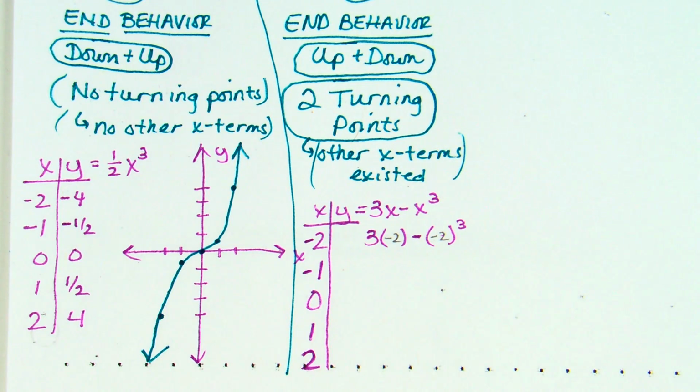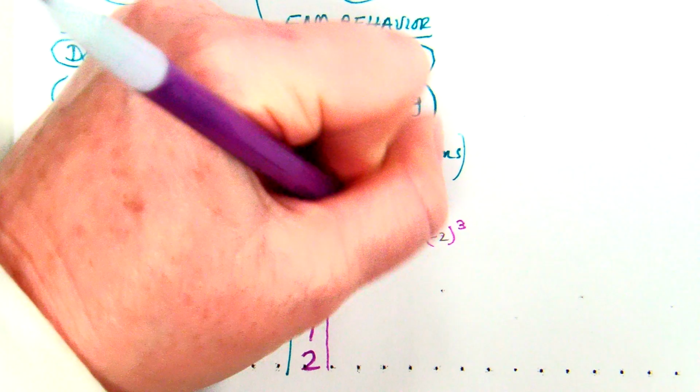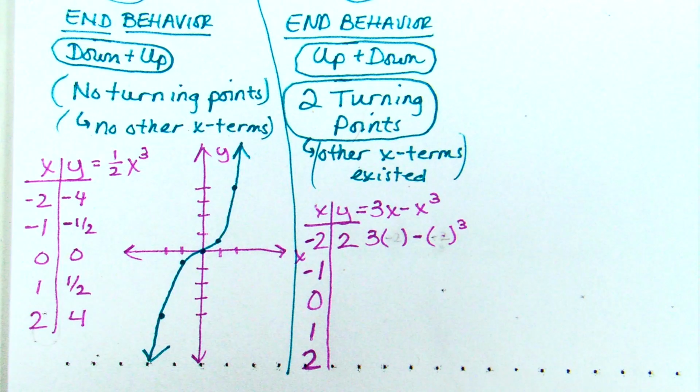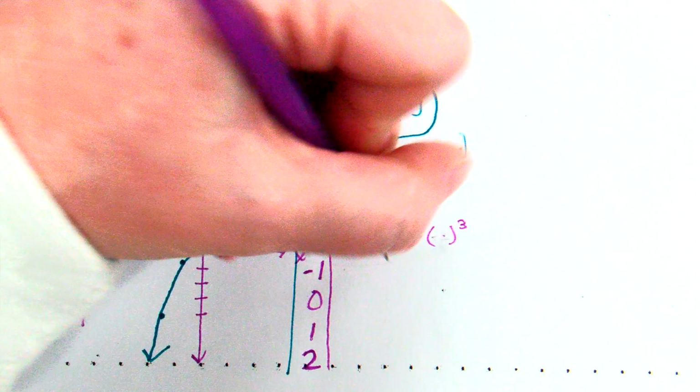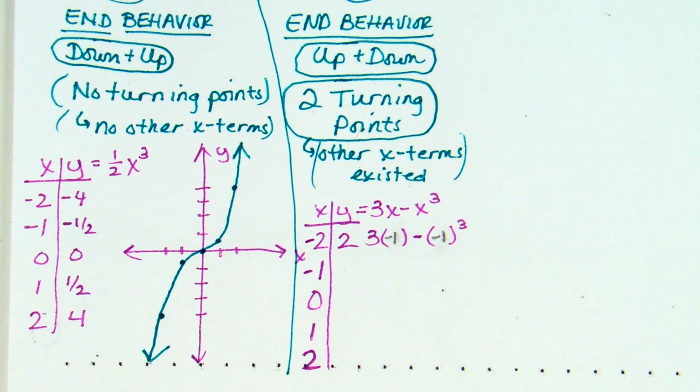Okay? Change it up. This time I'm plugging in -1. 3 times -1? -3. -1 to the third, -1. -3 minus -1, -3 plus 1, which is -2. 0 ends up being 0 minus 0, which is 0.